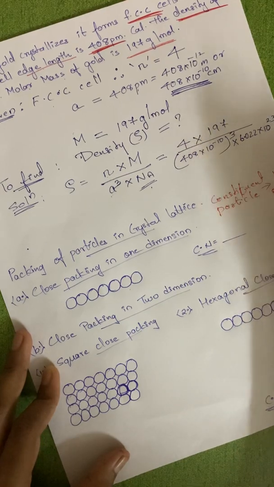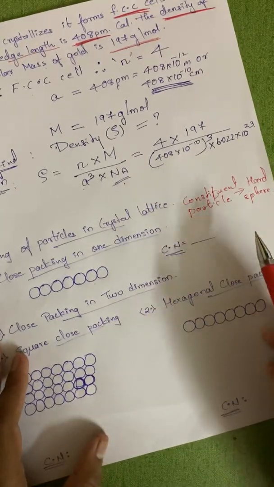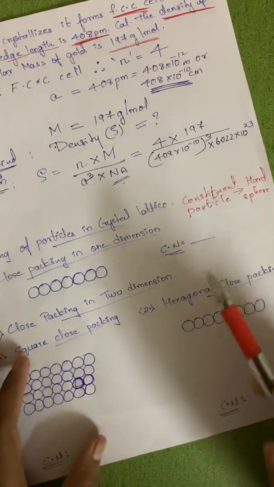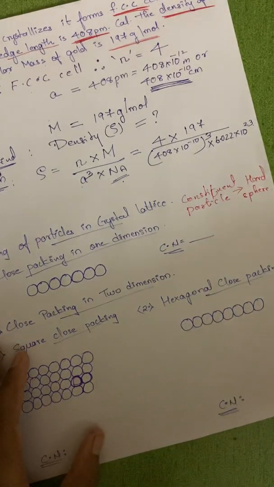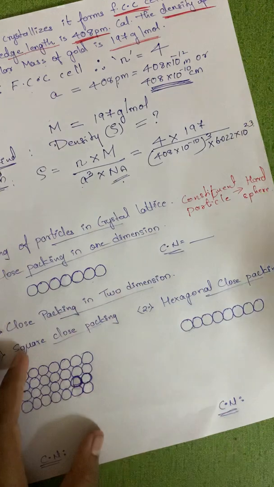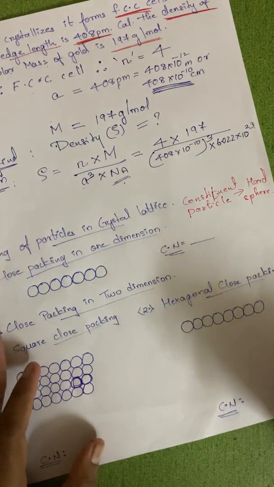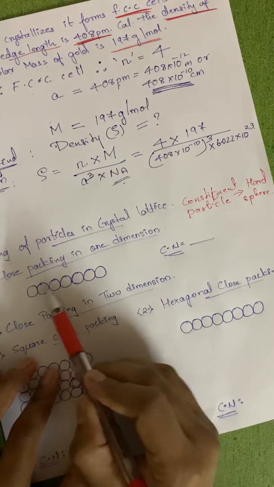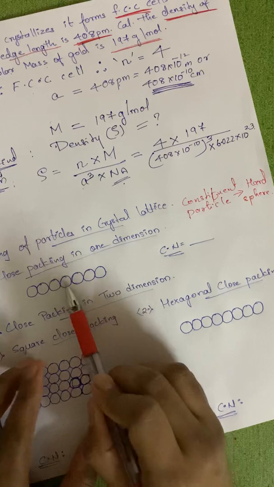Hard sphere. That is one criterion we have to understand. Next is, the larger the coordination number, the more the efficiency of packing will be. That means the spheres will be close to each other.